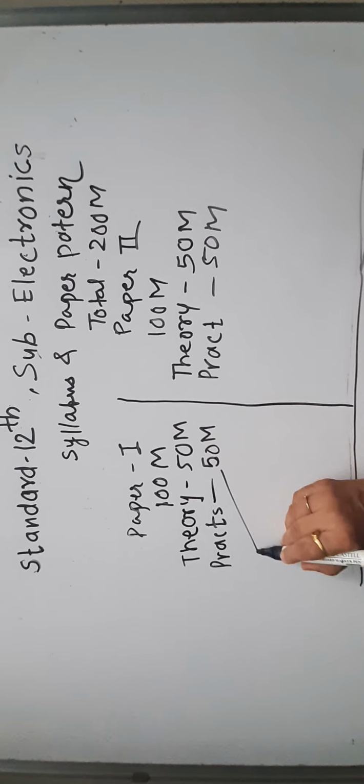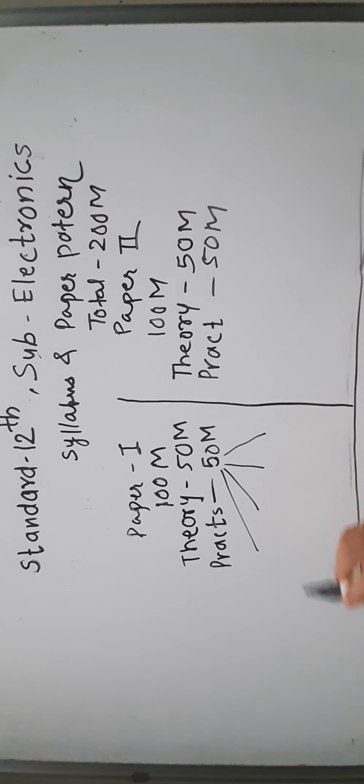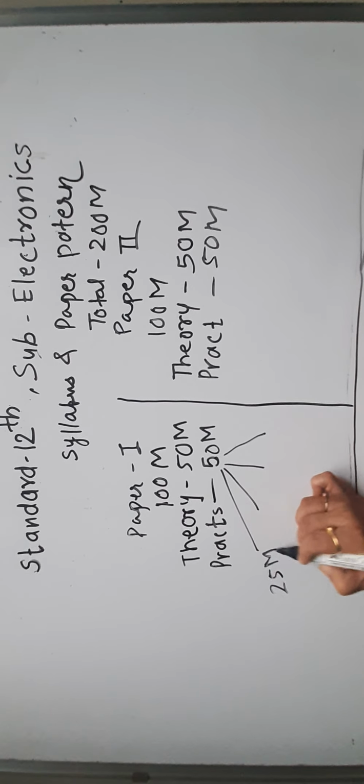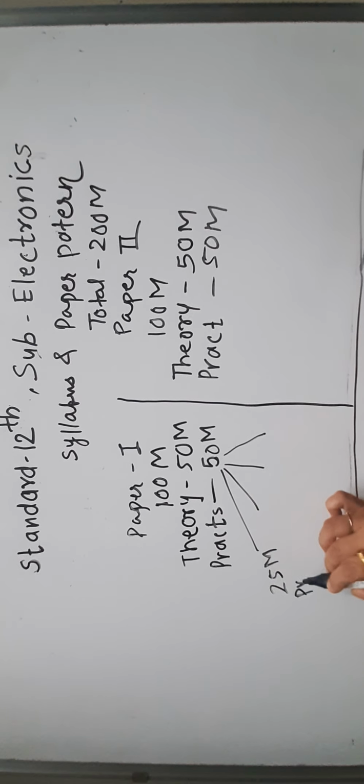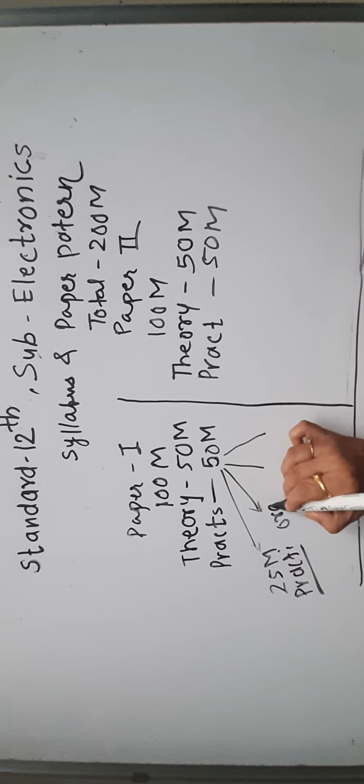The 50 marks are distributed in various parts. 25 marks for the practical exam. The actual practical exam has 5 questions of 5 marks each, or it depends. So 25 marks for practicals, 5 marks for oral or viva.